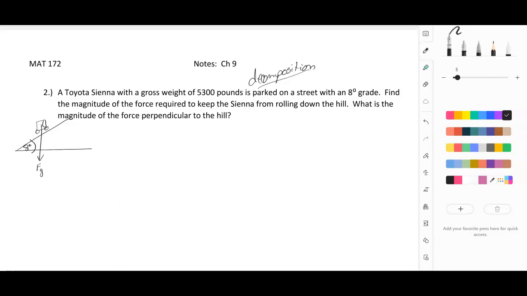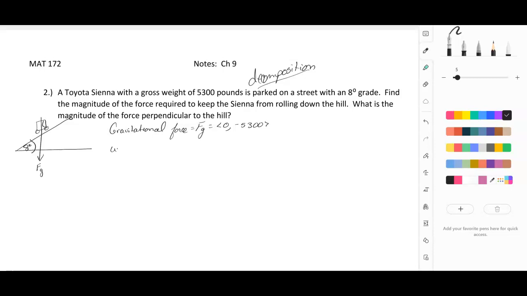That's why I'm drawing that as a perpendicular line. And it's always in a downward direction too. So it's going to be negative. Okay, so it's acting perpendicular. Think about it as a vertical component, not a horizontal component. That's why my horizontal was 0.